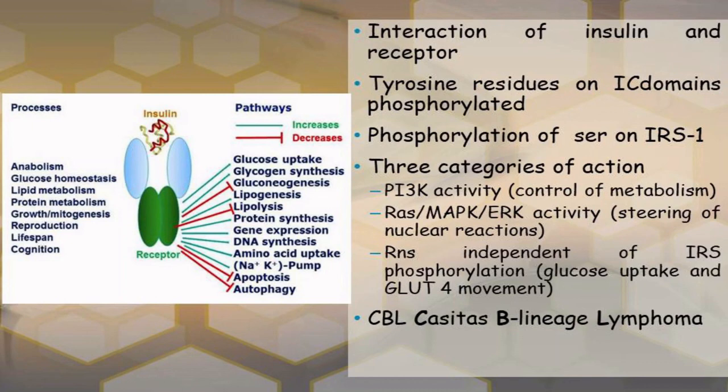One is the PI3K activity or phosphatidylinositol triphosphate kinase activity. Second is the RAS MAP kinase ERK activity. And third is the activity that is independent of the IRS, which is usually uptake of glucose and the GLUT4 or the glucose transporter 4 movement. Alright.